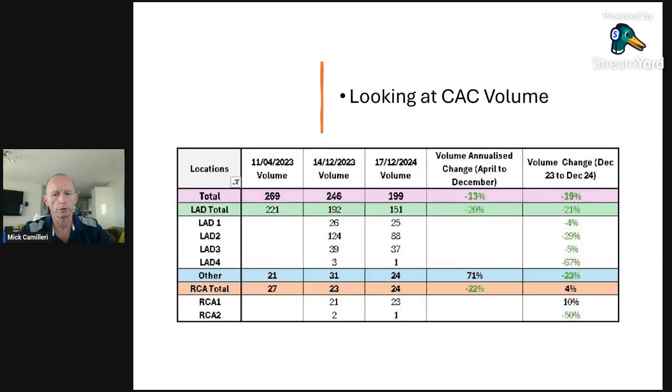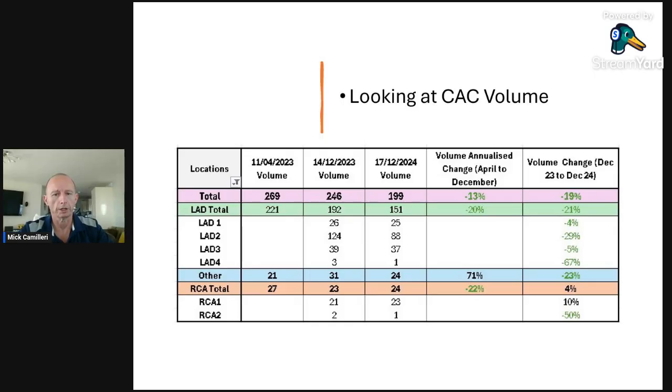I'll jump to the volume though, and the volume numbers tell us a more important story. Because I didn't have the breakdown of the first results by lesion that came later, I still had an overall 13% decrease in volume. The LAD in particular was 20%. That's the one I'm interested in. That's the one that's causing me the grief at this point in time.